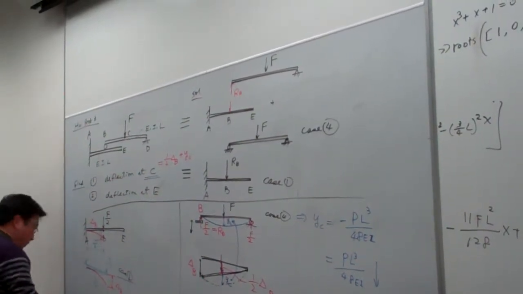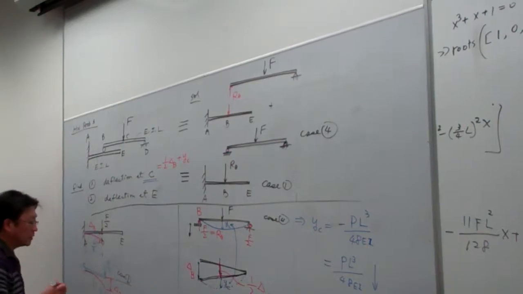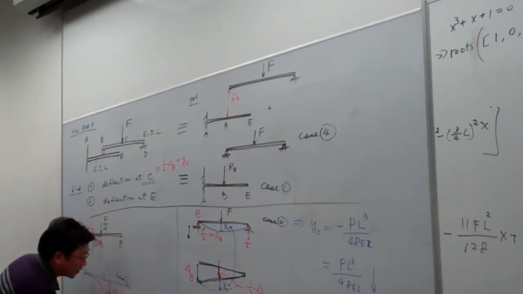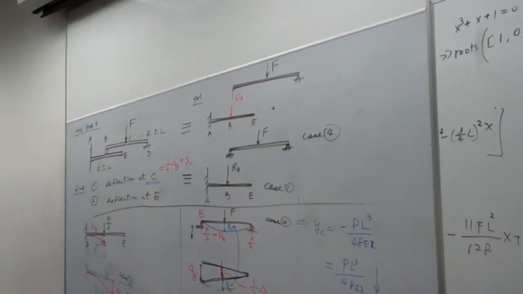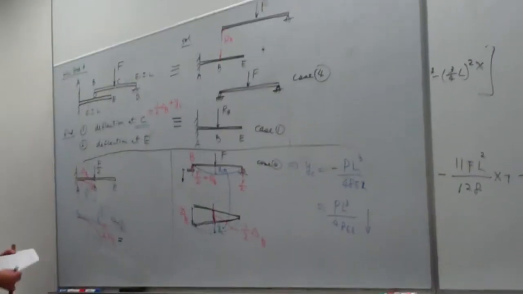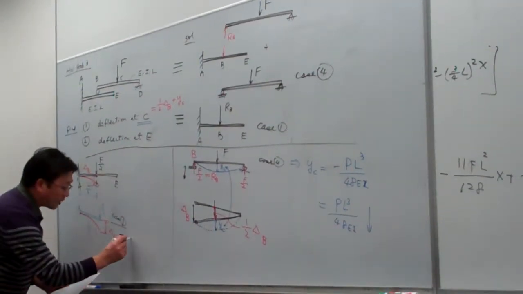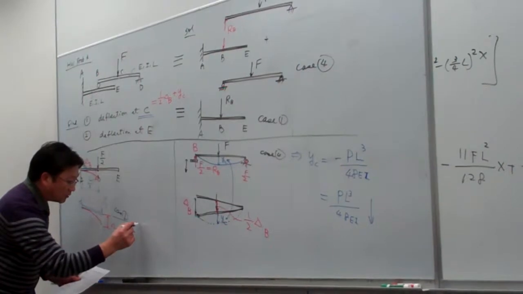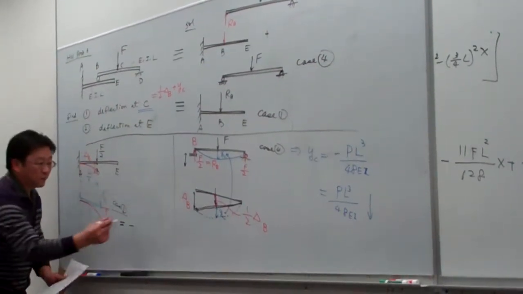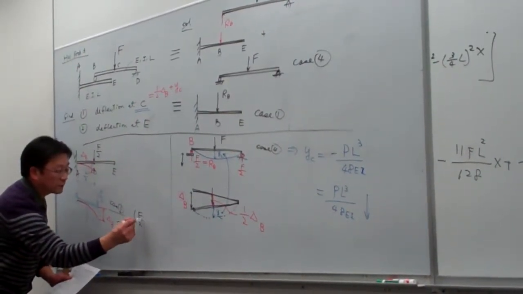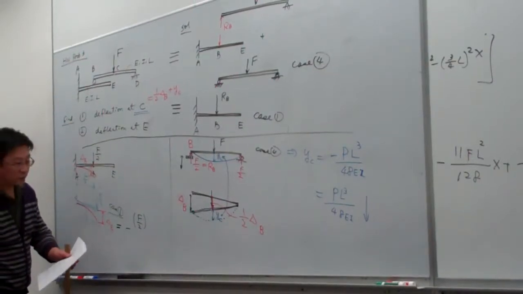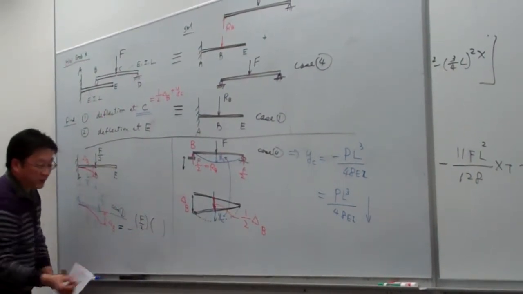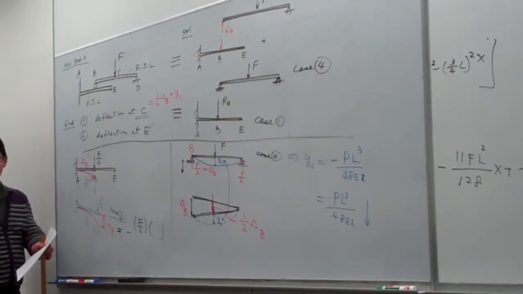So from here we can utilize what delta B is, by checking the table. If you look at that table, the formulation is minus P, where P is a force. And what is the force? F over 2. And P times L cubed, and what is the L? The L in the table represents the length.